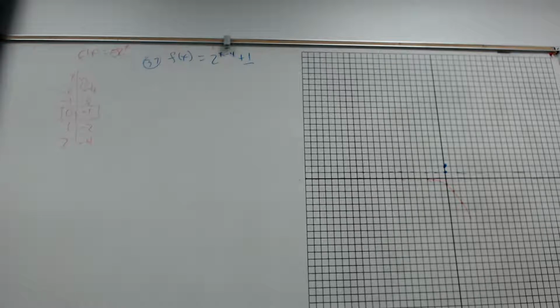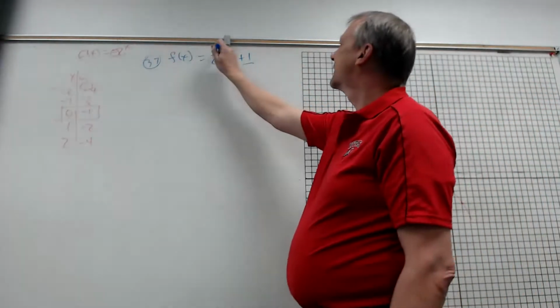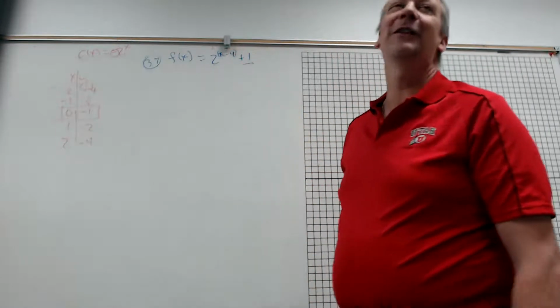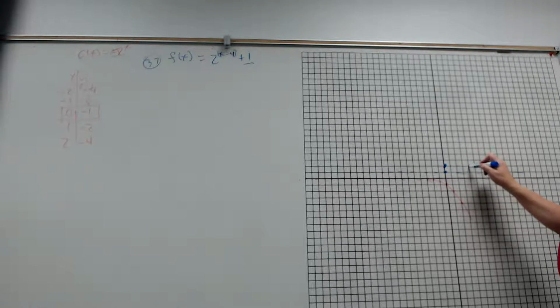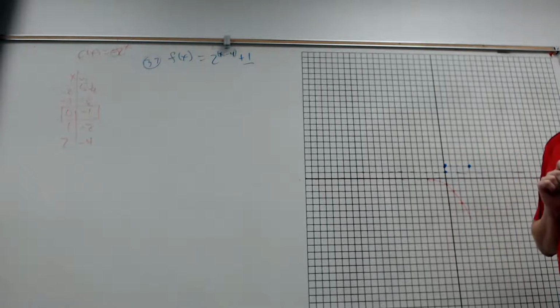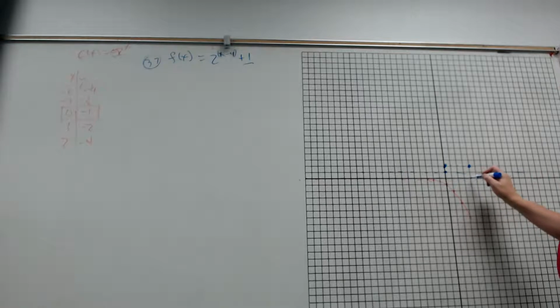No? Think of it in parentheses, because this is kind of parentheses. And then to the right 4. Okay? It always moves the opposite. So it's going to go 1, 2, 3, 4. Okay, so your important point is at where? It's at 4, 2. Okay?